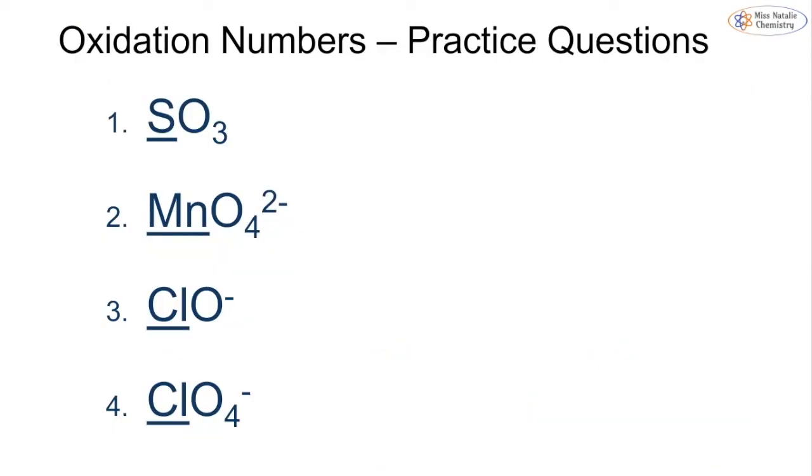So let's look at some more examples. So in this case, I've got sulfur and O3. The one that is underlined is the one that we want to work out the oxidation number for. So we know from our rules that oxygen is going to be -2, but if I have 3 of them, that gives me a total charge on the oxygen of -6.